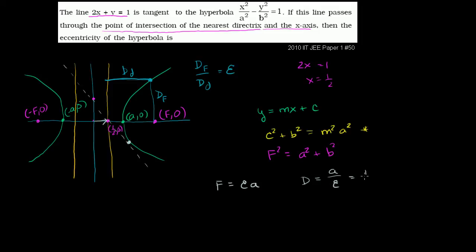So this is equal to 1/2. That's what this distance right here is, the line x is equal to 1/2. And this is just a known formula for hyperbolas, which I won't prove in this video because then it will just take forever. Now let's see if we can use all of this information to actually solve for the eccentricity.